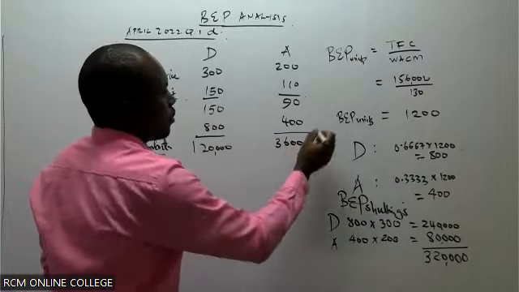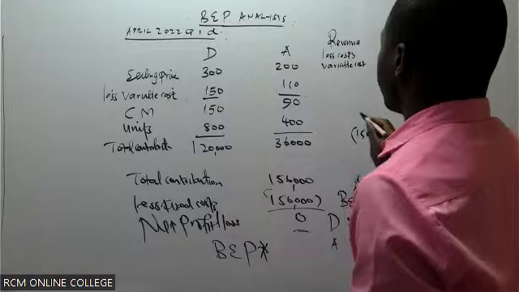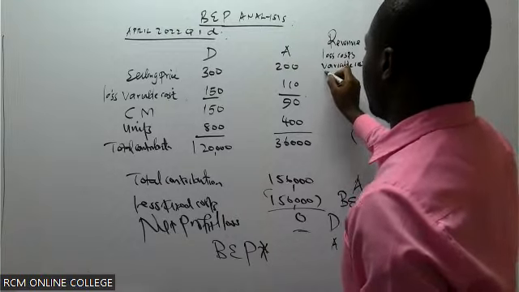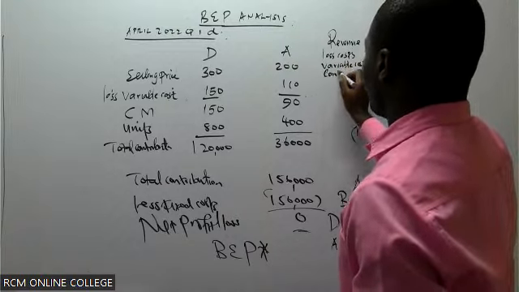So the cost here we have variable costs. How do we get the total variable cost? It is 150. We multiply by 800 plus 110. We multiply by 400. If this is worked out, what are you getting? So that I get my contribution.